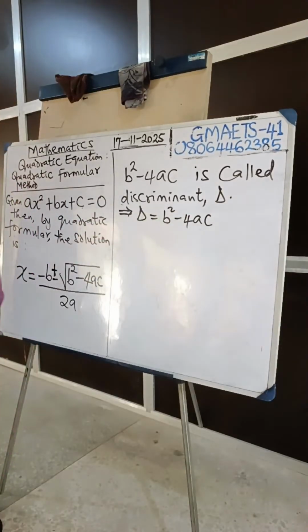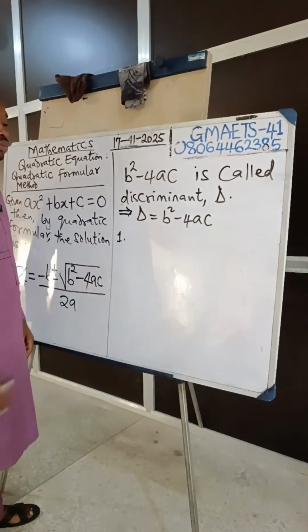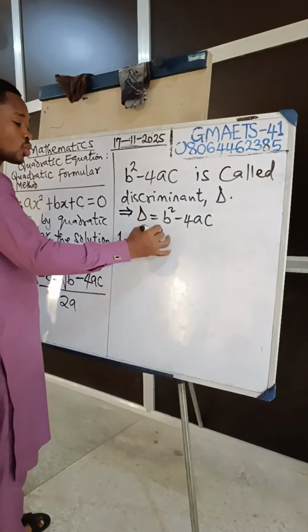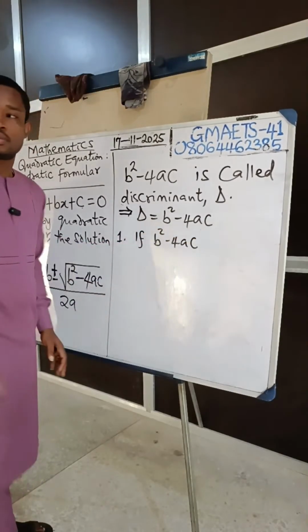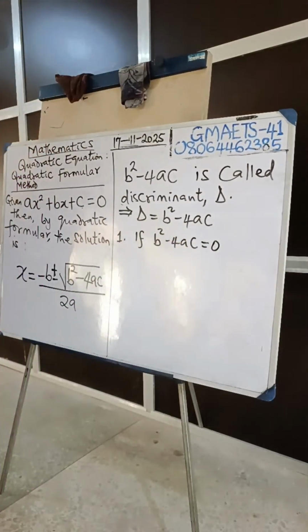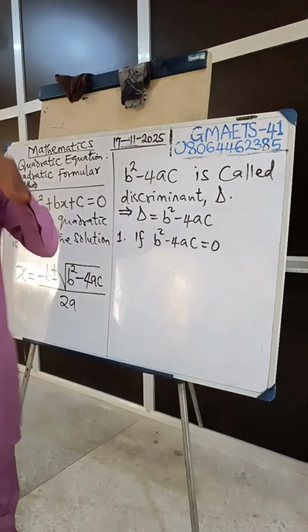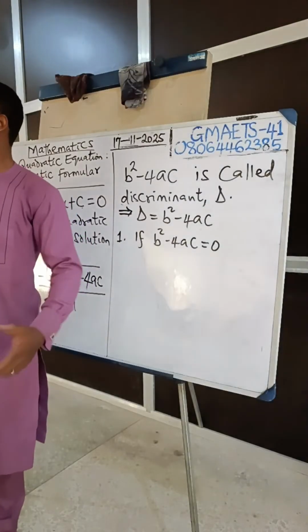Now I'm going to give you important things a student should know about these discriminants. Point number 1 to note. If b squared minus 4ac is equal to 0, we call it the discriminant. Now, what are certain conditions you should know about it with respect to the type of root of the quadratic equation that you will get?